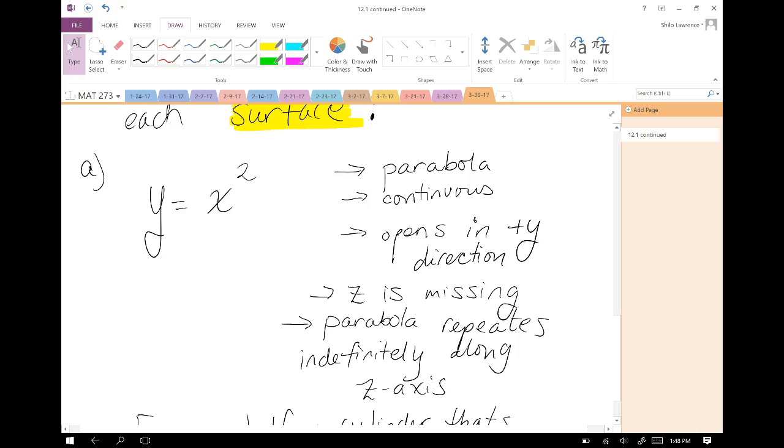The fact that there's a variable missing is what makes this a cylinder. And then the generating curve we said was called what? What two-dimensional graph were we going to draw to help us make this? A parabola. So it's called a parabolic cylinder. This thing is called a parabolic cylinder.